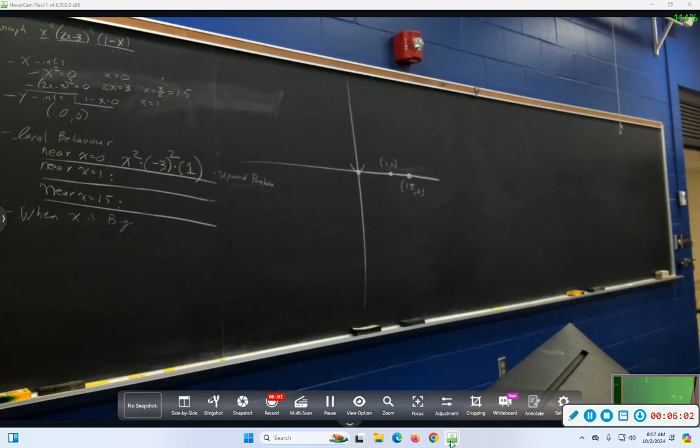So as you resolve what the local behavior at one of those intercepts is, go ahead and throw it on the graph that you're sketching. And then also, tell me about it. Tell me some of the local behavior of this function.